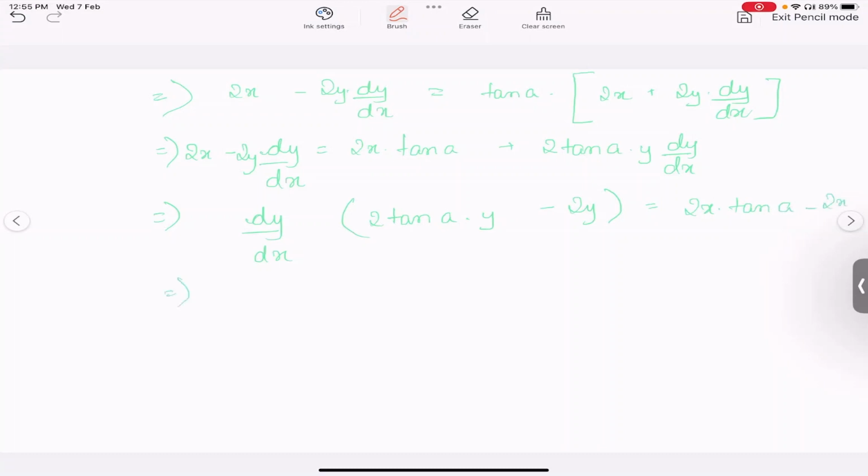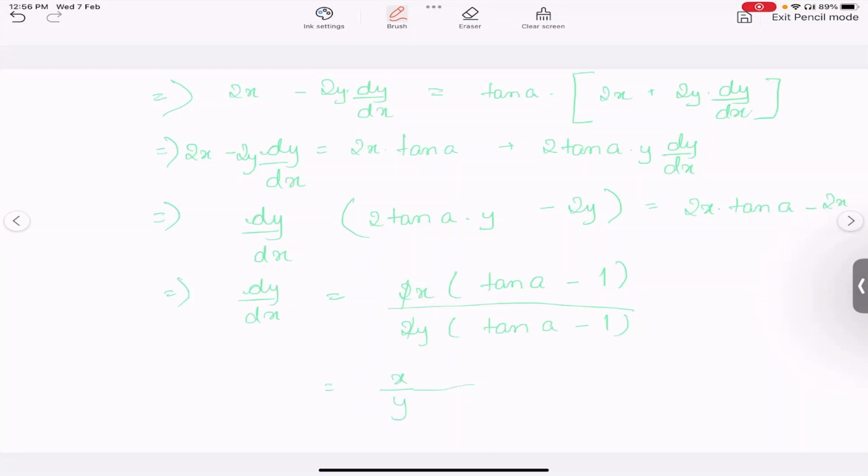This implies dy by dx is equal to, we can take 2x common in both the terms, tan a minus 1, and this will become 2y, we can take it common, tan a minus 1. 2 can cancel each other, so x by y.